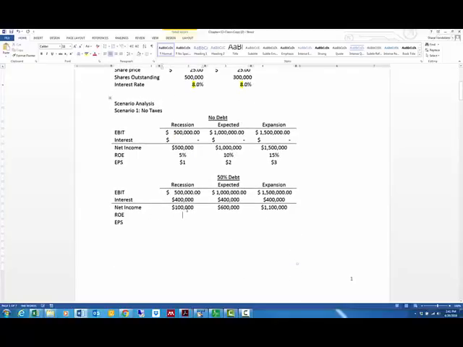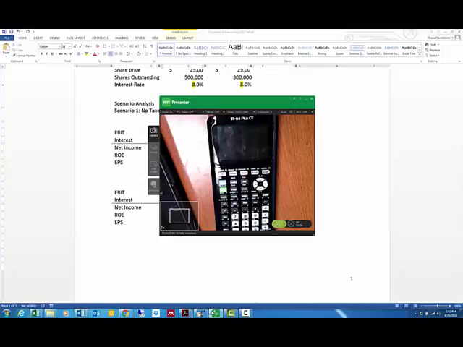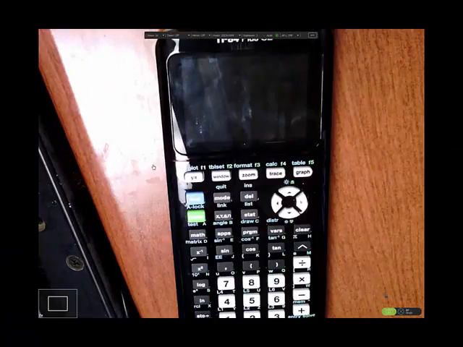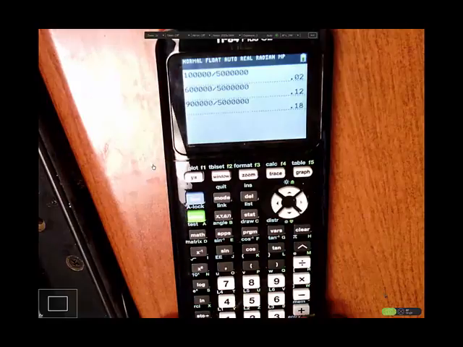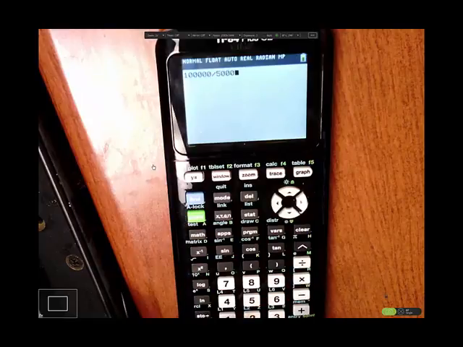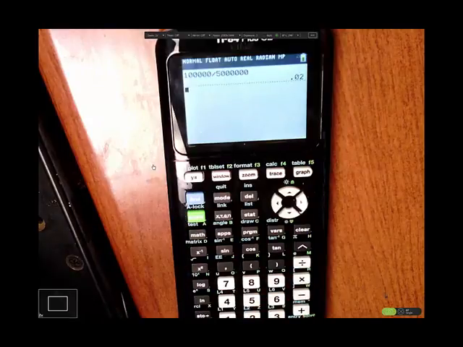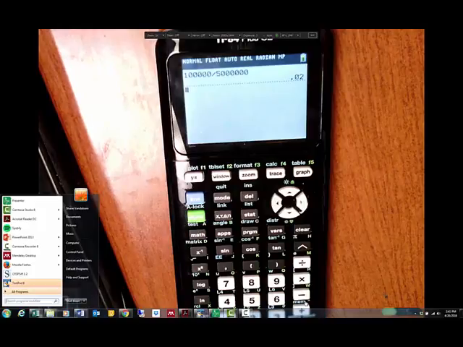And so $100,000 divided by $5 million is equal to 2%.